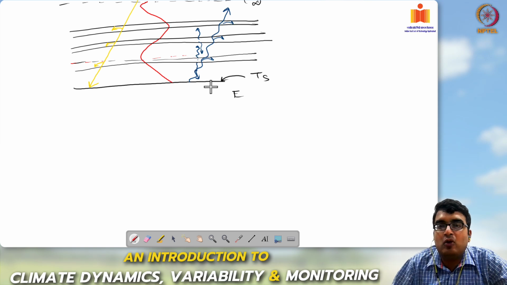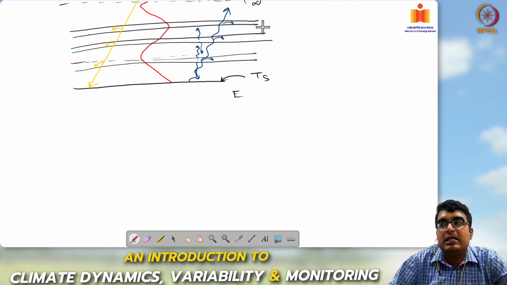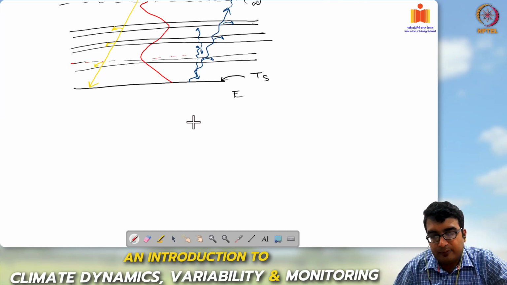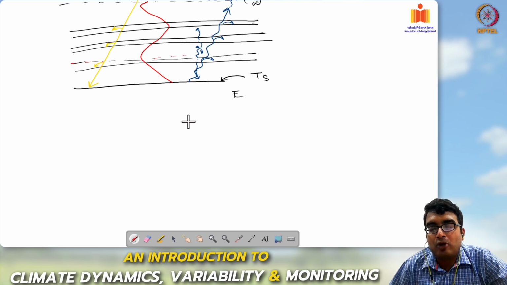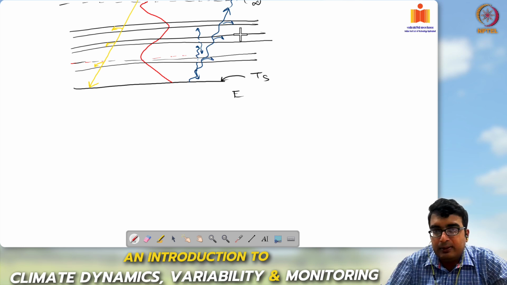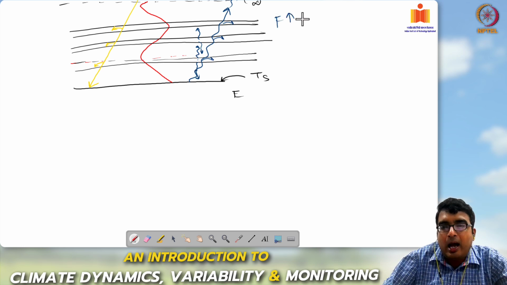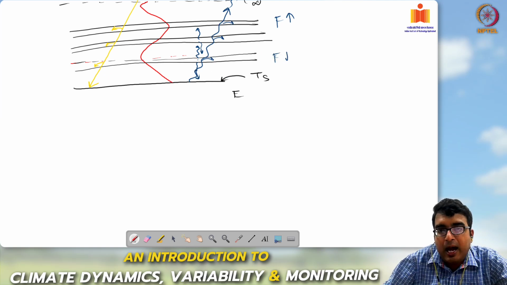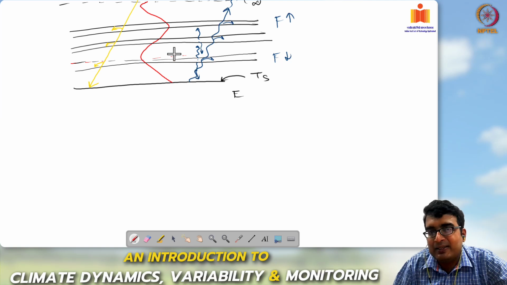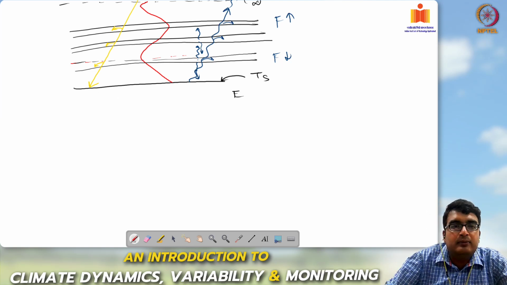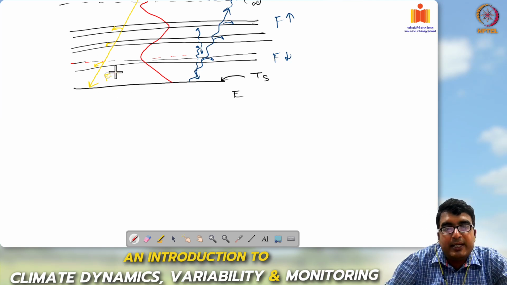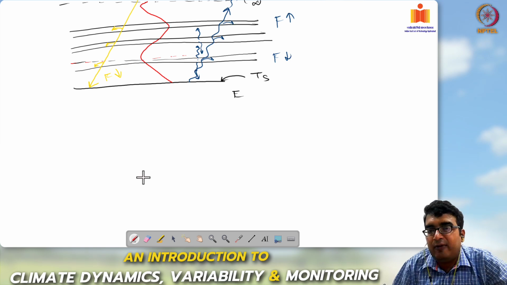And this process will go on till a cumulative infrared radiation comes out from the top of the atmosphere. We saw how this outward going flux, F outward, and the downward going flux, F downward, are evaluated for the infrared case, and similarly we can do it for the solar radiation case, in which case it's mostly F downward.